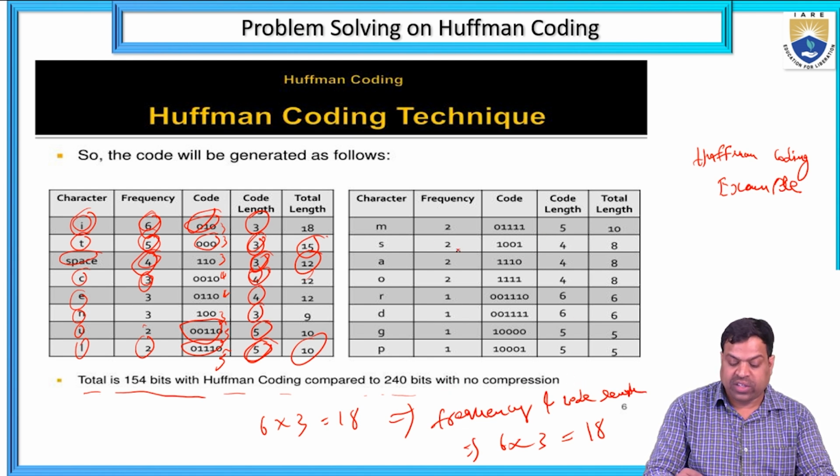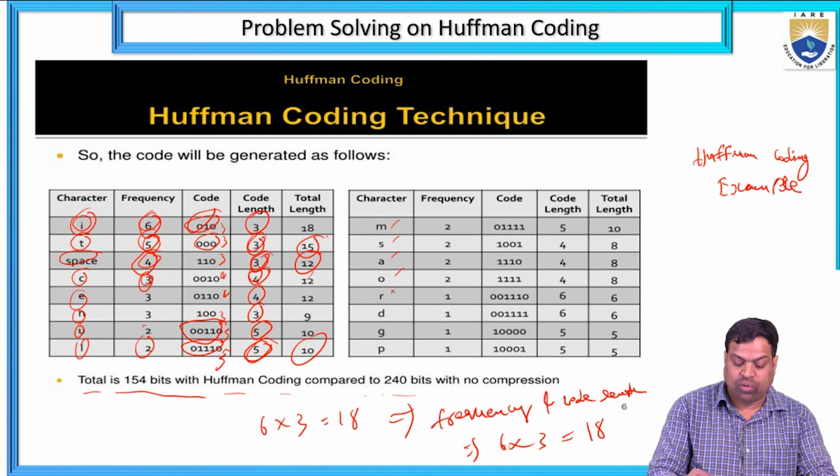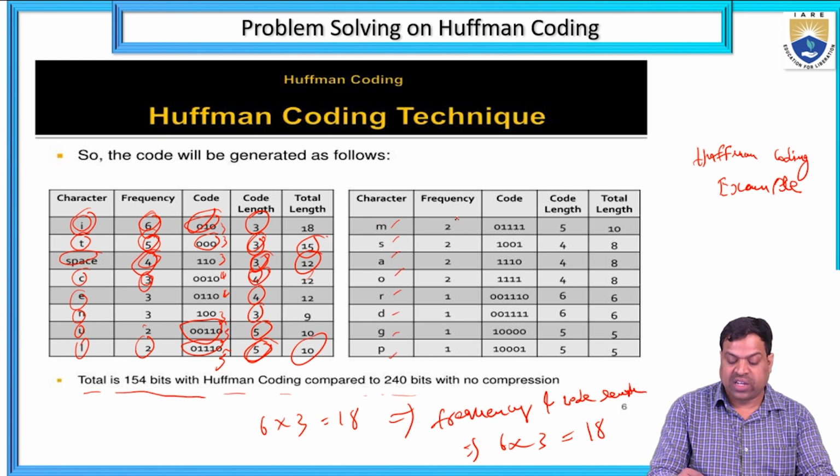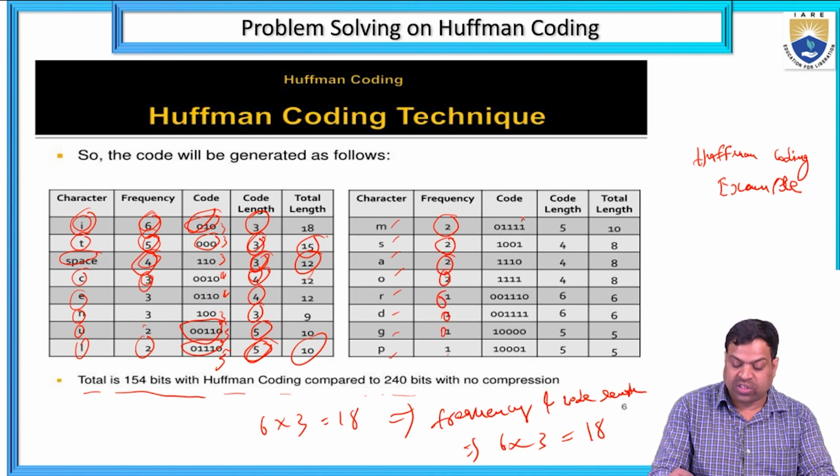Now when I go for the characters M, S, A, O, R, D, G, P, the frequencies are 2, 2, 2, 1, 1, 1, 1, like this. How many codes are there? 1, 2, 3, 4, 5 codes, with lengths 5, 4, 4, 4, like this. So total length: 4 into 2, 8, 4 into 2, 4 into 2, 6 into 1, 6 into 1, 5 into 1, and 5 into 1.